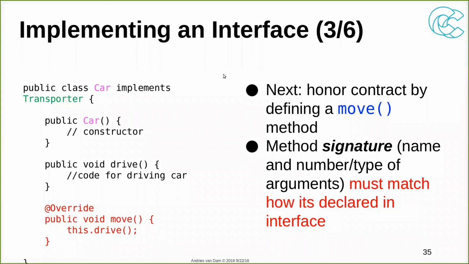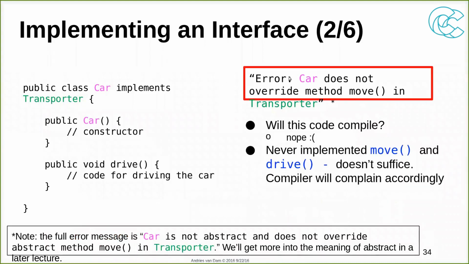If we don't use this override thing, then what happens? If I define move without any parameters, and in transporter it has parameters, then what happens? It will be treated as a different method. The one in the car would be treated as a different method, and then it will complain, saying that in the transporter you use move with arguments, and there is no definition provided by the car.